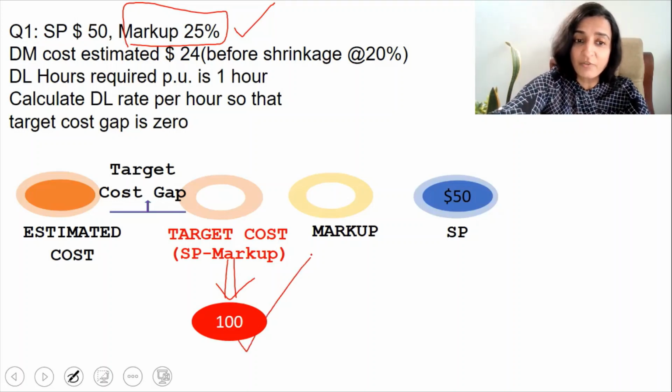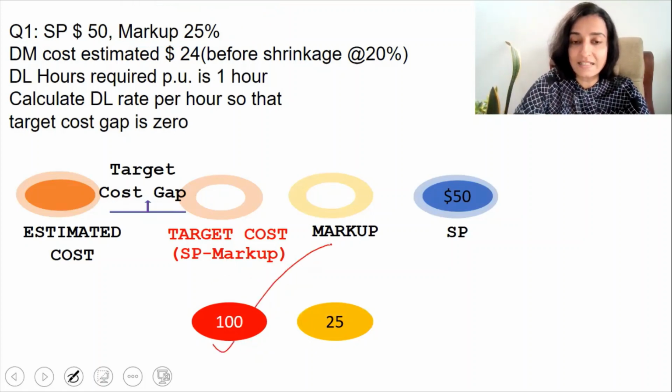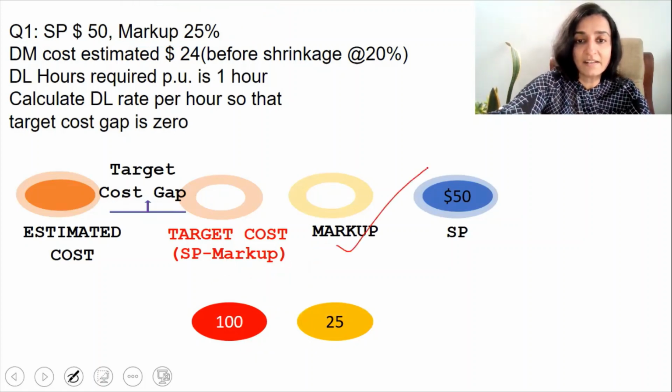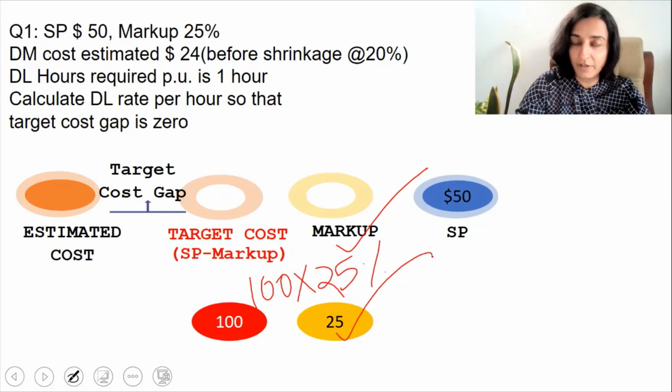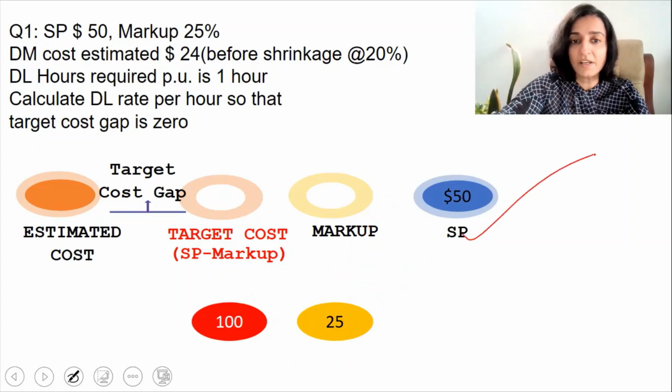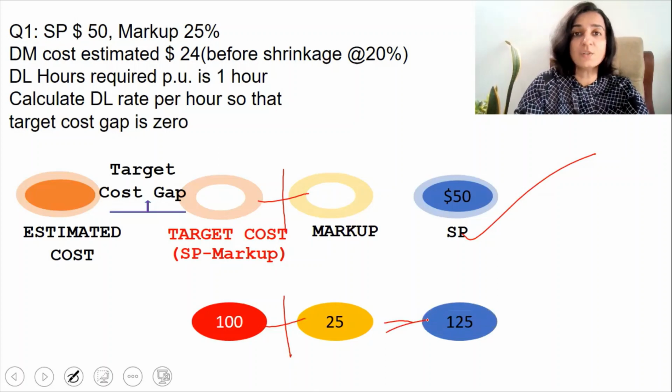So 25% of $100, so the markup is also $25. So we have assumed the target cost at $100 and we have calculated the markup at the rate of 25%, that is $100 into 25%, which will give an amount of $25. And the selling price is always target cost plus markup, which means that 100 plus 25, that's equal to 125.